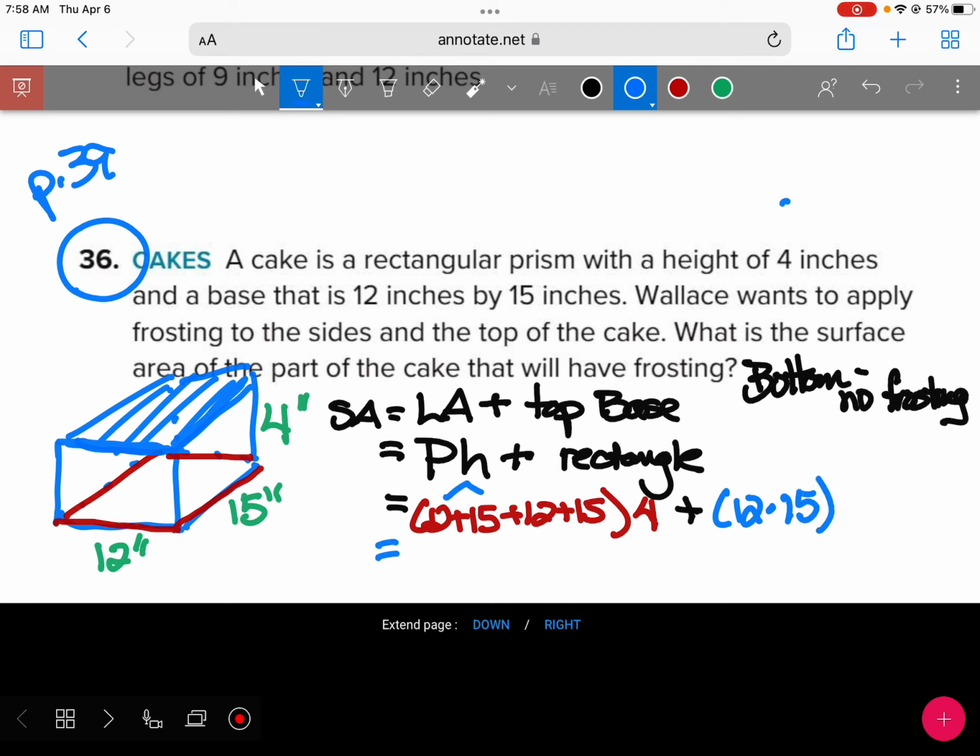So 12 plus 15 is 27, plus 27 is 54, times 4, plus 12 times 15, which is 180. Put that all together and it is 396 inches squared. And that is equal to the surface area.